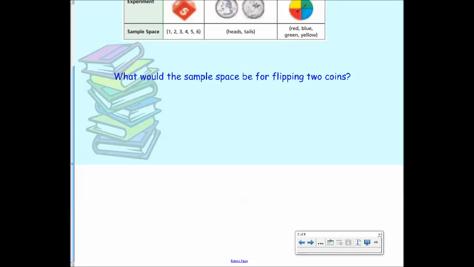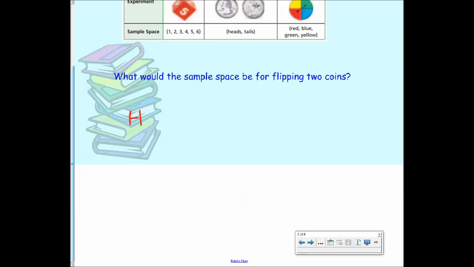Okay, so tell me about what could you get the first time? Heads, or you could get tails, so that's an option, right? But what could you get the second time? Heads or tails. Well, what if you flipped heads the first time? How many options do you have for the second time? 2. Still 2, right? Because you're still flipping a coin.